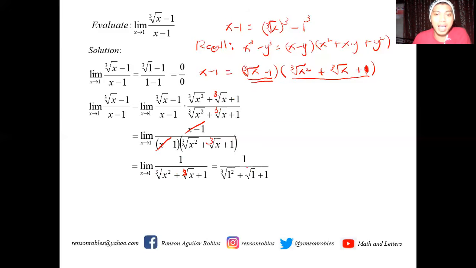So we now simply have 1 all over cube root of 1 squared plus cube root of 1 plus 1, and that is simply equal to 1/3. So therefore, the limit of cube root of x minus 1 all over x minus 1 as x approaches 1 is equal to 1/3.